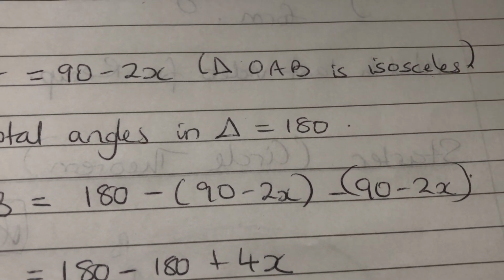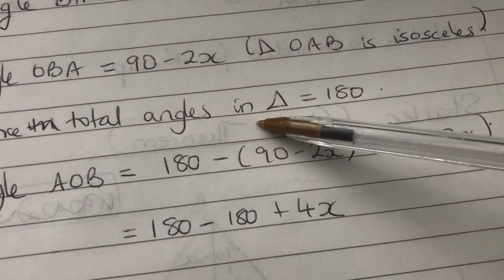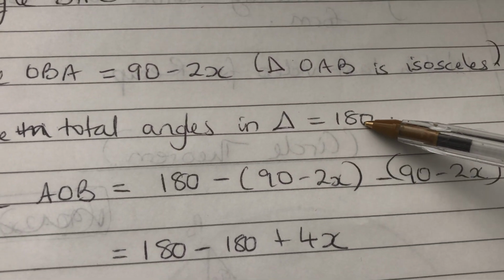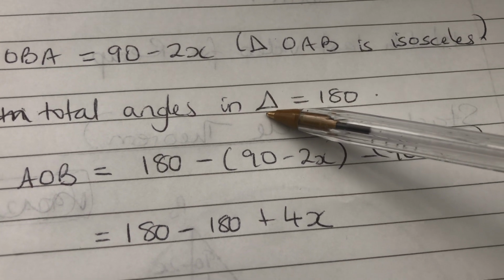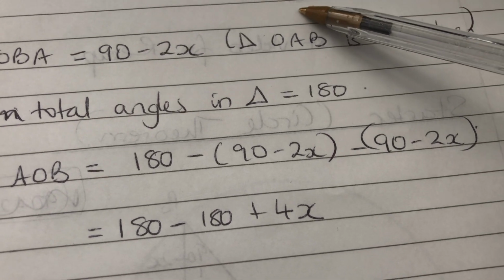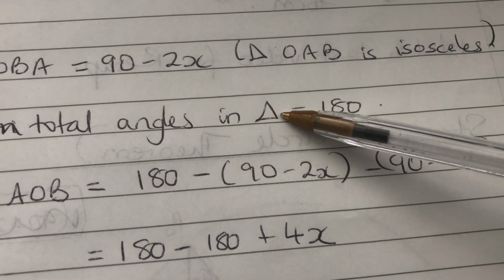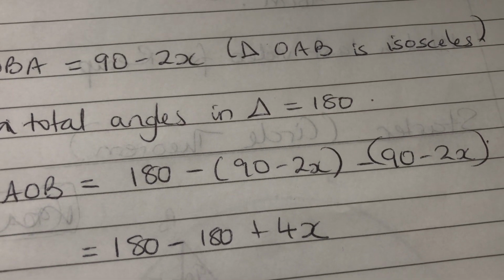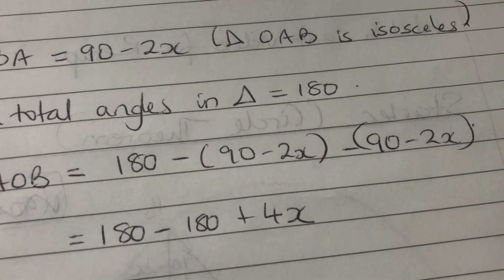That is the reason I gave. Since total angles in a triangle is 180, that is the sign for triangle. You can have your own sign. Some people have different signs, but normally I draw a small triangle if I have to write a bit faster.